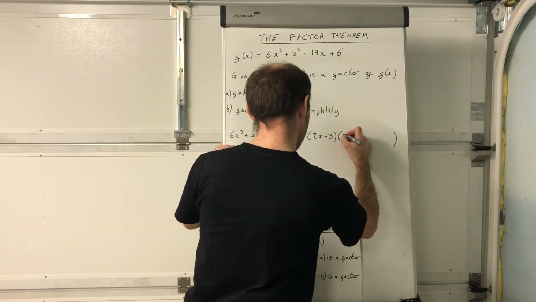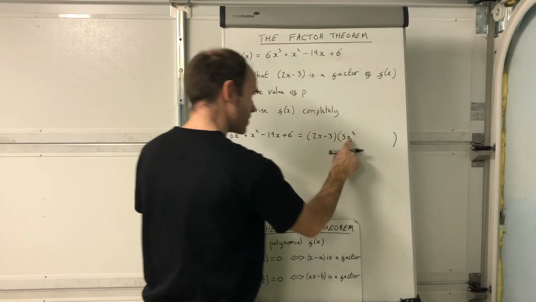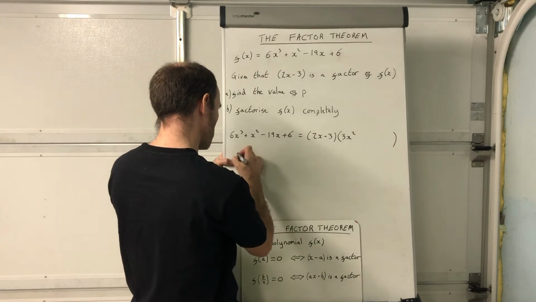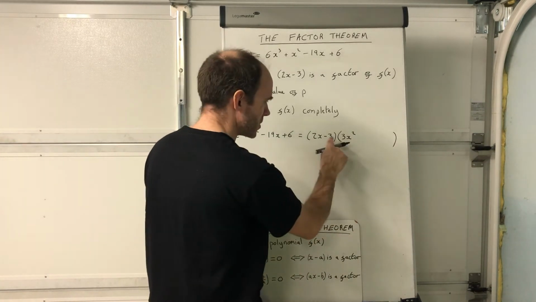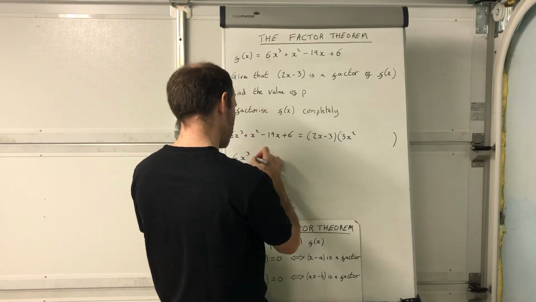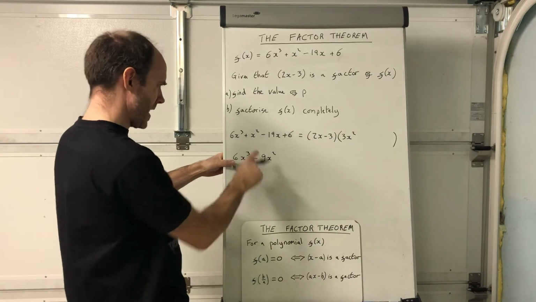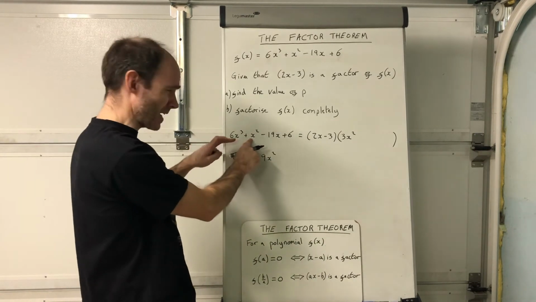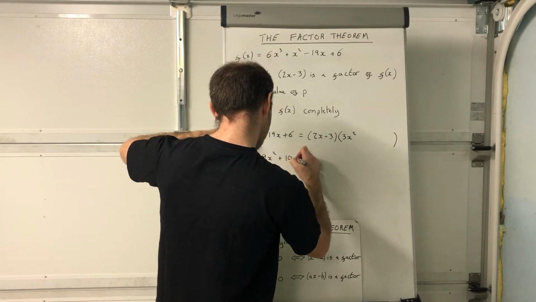I know that this term here has got to be 3x squared, because 3x squared times 2x, of course, gives us 6x cubed. And then continue with the expansion, negative 3 times that is negative 9x squared. And how does that fit in with this? Well, I want plus x squared, so that means we're going to have to add on 10x squared, aren't we?